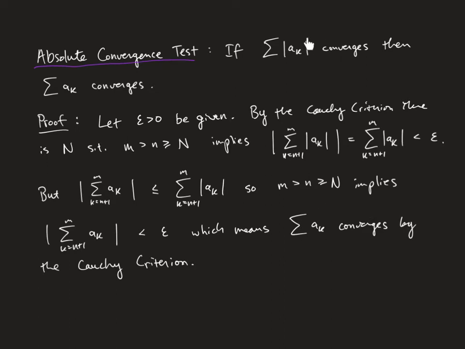So we sort of took convergence of this, turned it into that for-all-epsilon type statement, and then from the for-all-epsilon type statement for our original series, we use the Cauchy criterion in the other direction to say that our series converges. So this uses the if and only if. It uses both directions of the Cauchy criterion here. Okay, and this can be a nice test for convergence.